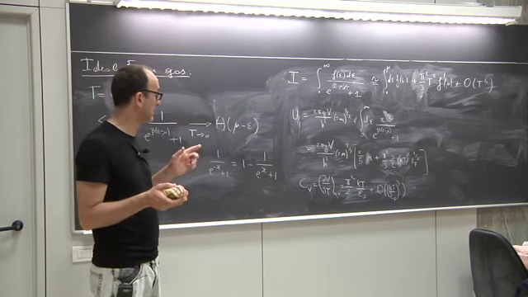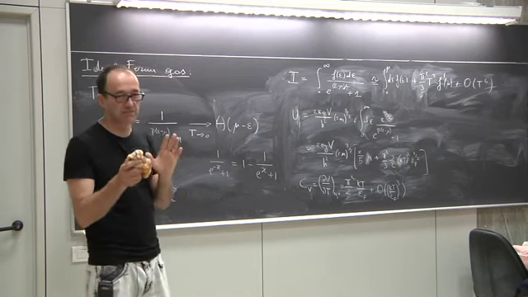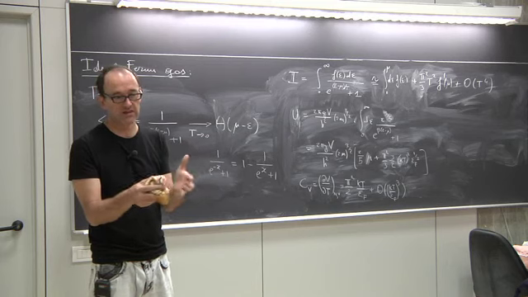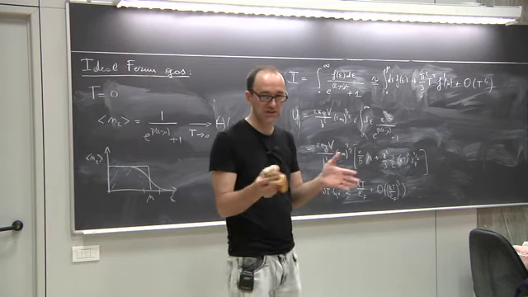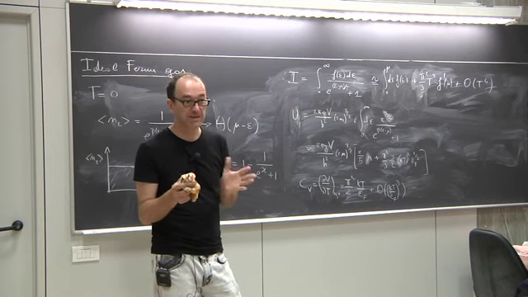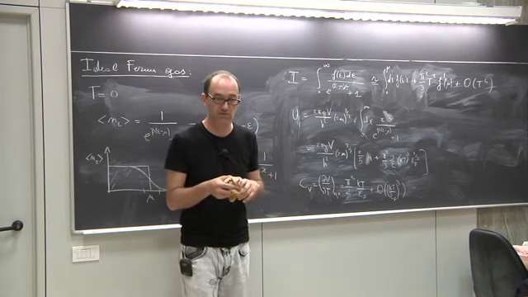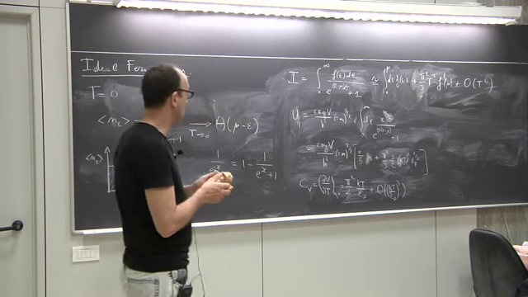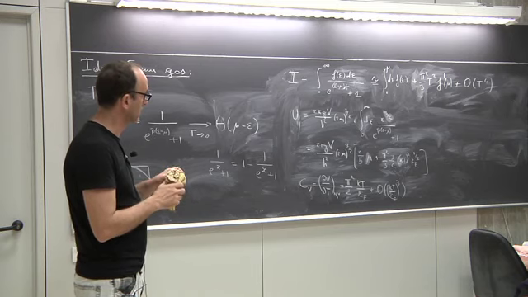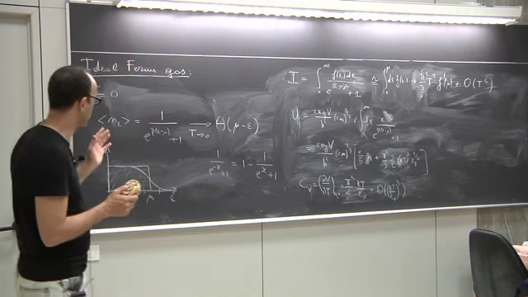Okay, so if you compare the two contributions, there will be a temperature below which the contribution from the phonons, say the vibration of the lattice, will be negligible with respect to the contribution to the specific heat of electronic degrees of freedom. Okay, and of course this is just a first order picture.